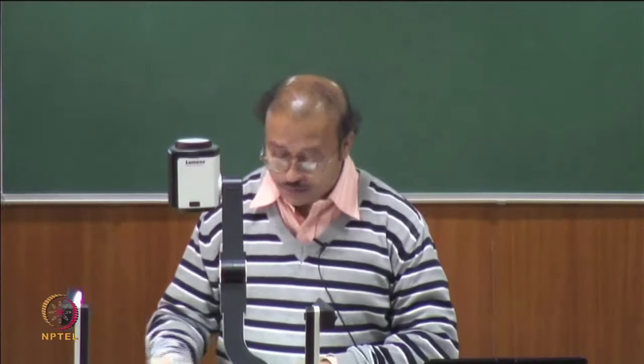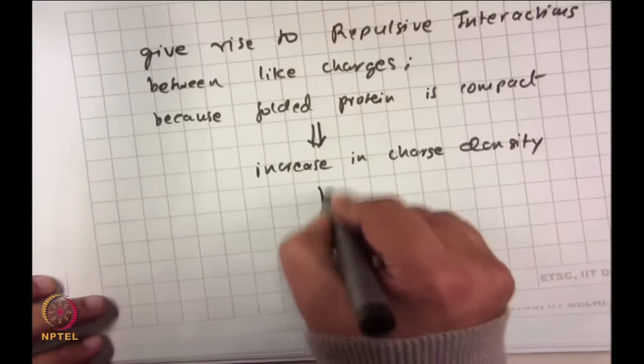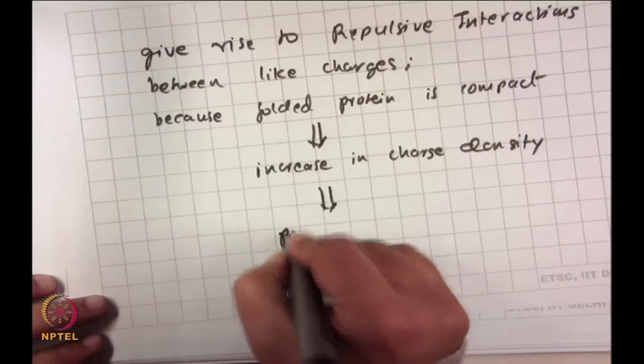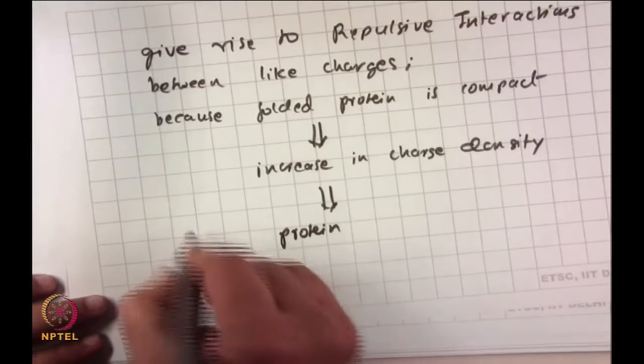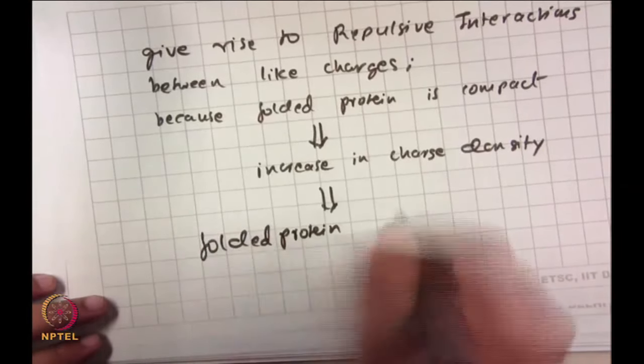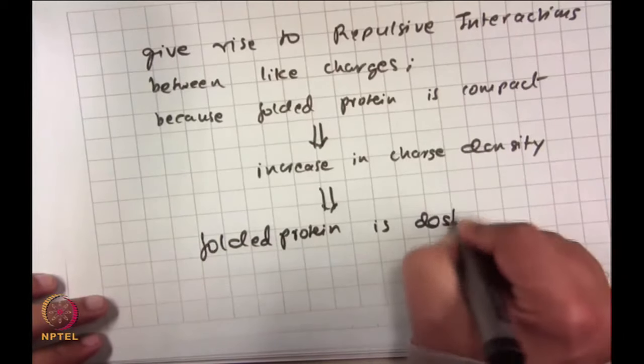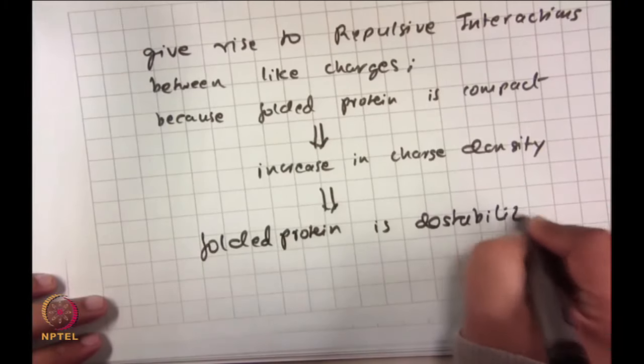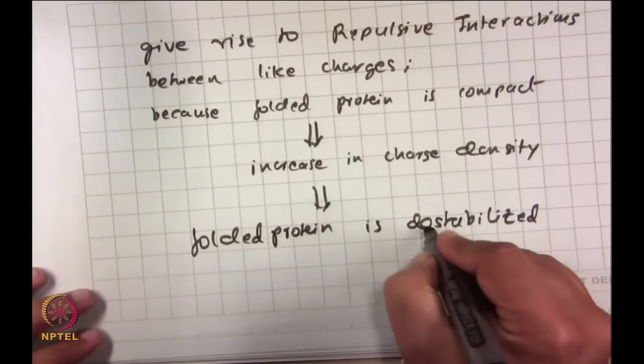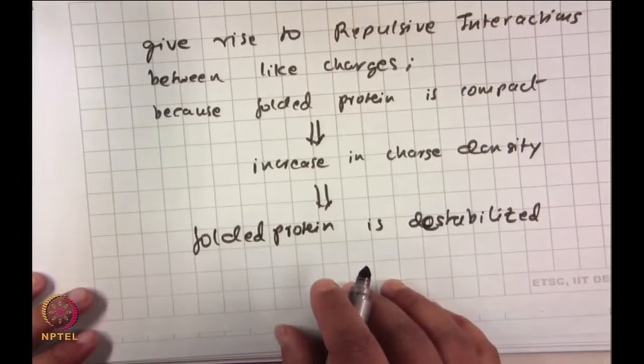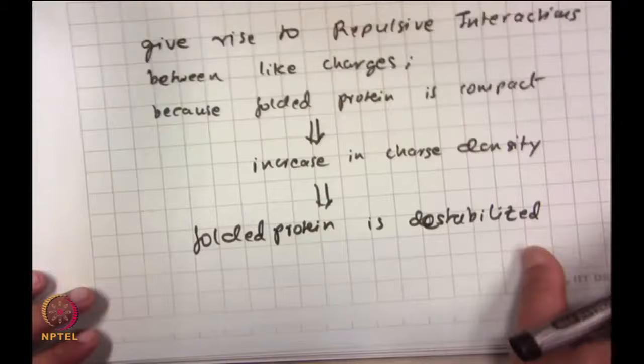So, then because of increasing charge density, the folded protein is destabilized, right. So, what does it do in return?